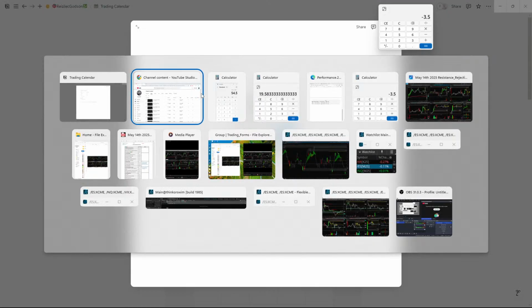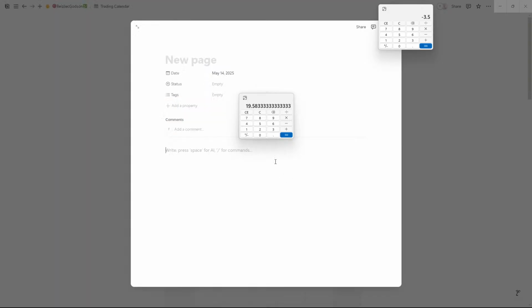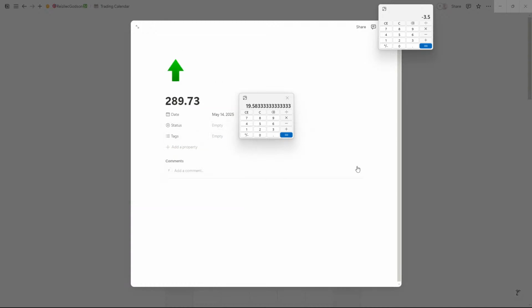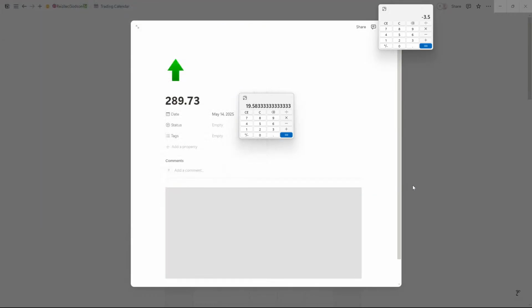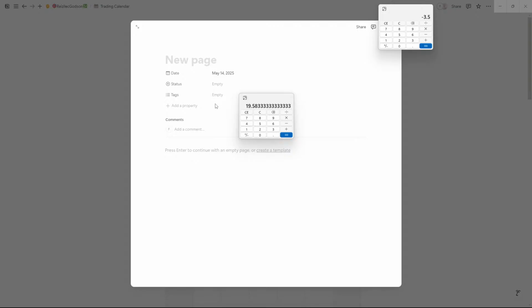Alright, so add the PDF, performance. So one trade.